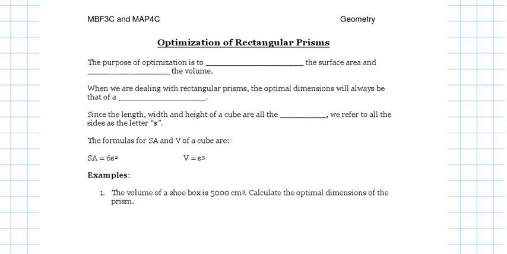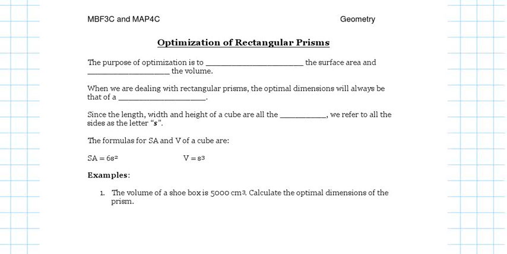shape for a rectangular shape, because my best shape is the square, what do you think would give me the best, the optimal shape for a rectangular prism?